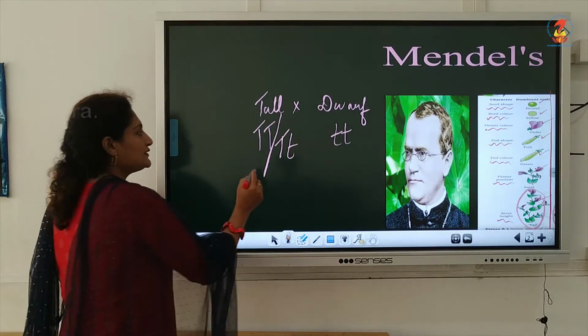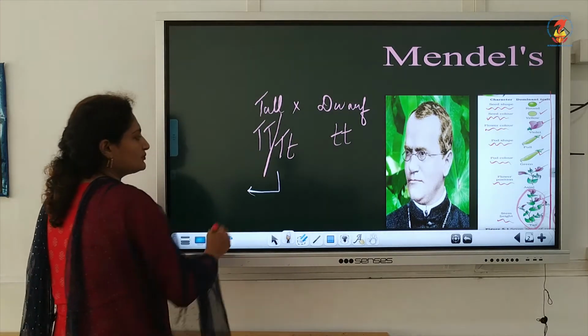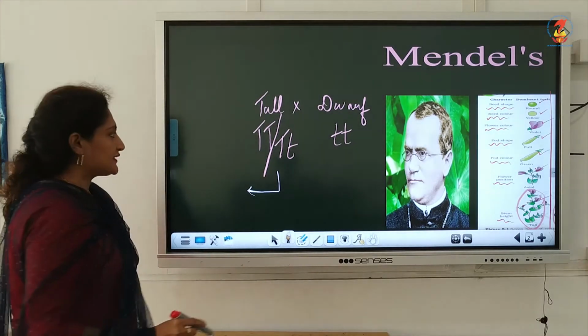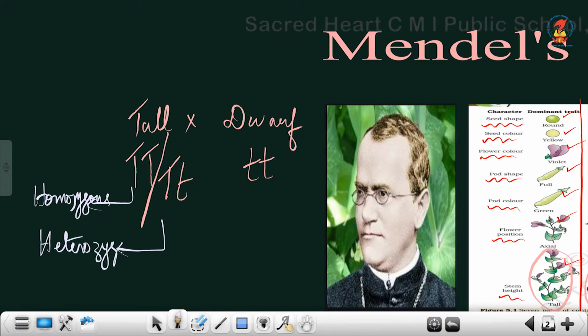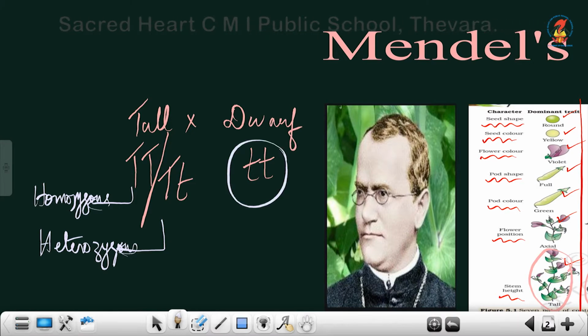And remember, the dominant trait exists in 2 forms, homozygous and heterozygous. This is homozygous tall, and this one is heterozygous tall. So, there are 2 types of talls, but for dwarf, only one option, small t, small t.